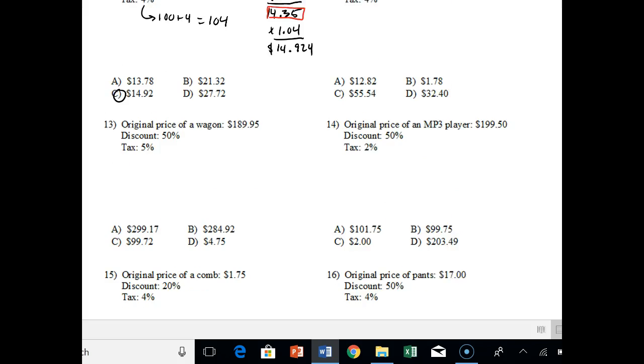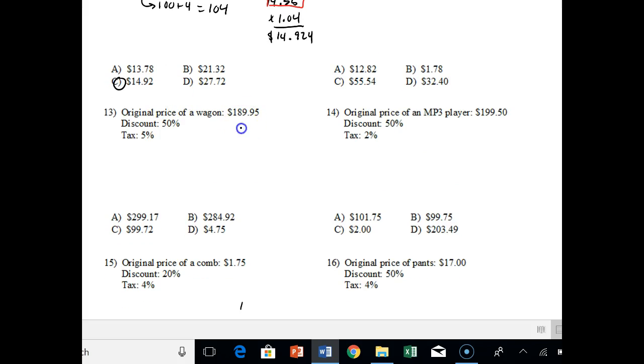Let's do another one. These are tricky. So the discount is 50%, so $189.95. So this is obviously 100 minus 50, which is equal to 50, right? So times 0.50. So that's not going to be my answer. That's going to be what I go to the register and they say, okay, here's what your sale price is. So it's $94.975. Don't round it yet.